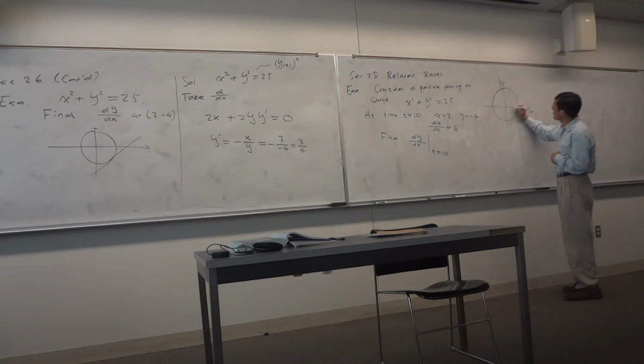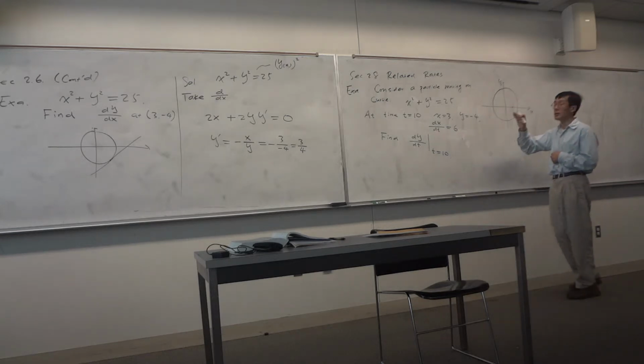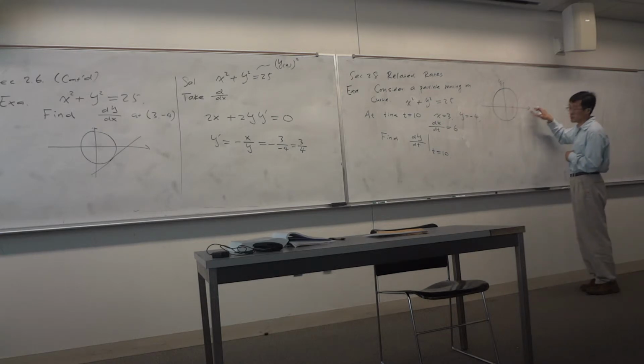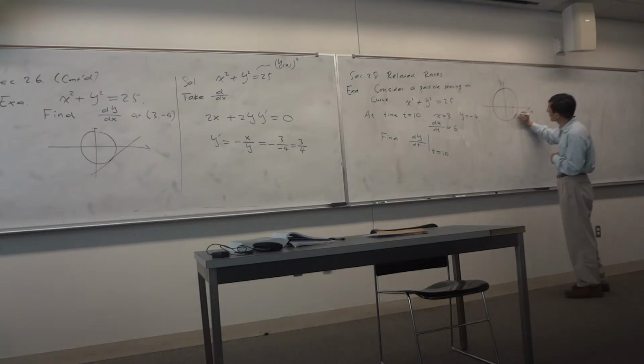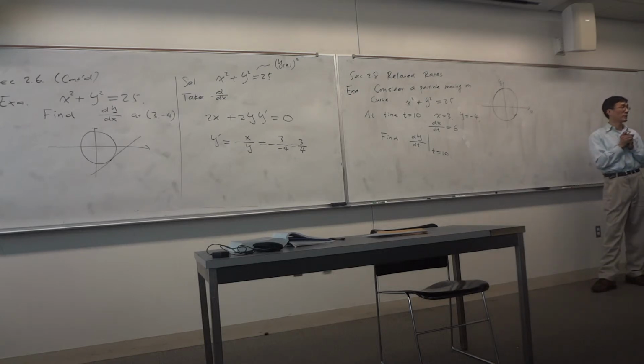Yeah, because if you look at the projection onto the x-axis, as you can see, dx/dt equals 6. That means the shadow is moving this way, to the right. And the only way for that to happen is that the particle has to move this way. Has to move counterclockwise in order for that to happen, right? Is that clear to us?